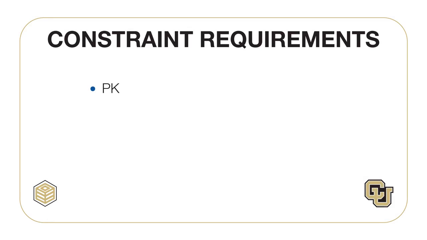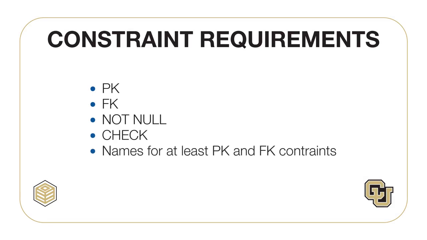The assignment requirements include constraints for primary keys, foreign keys, required columns, and check constraints. Names are necessary for at least primary key and foreign key constraints. Because MySQL does not support constraint names for required and check constraints, constraint names are not necessary for required and check constraints in the assignment.